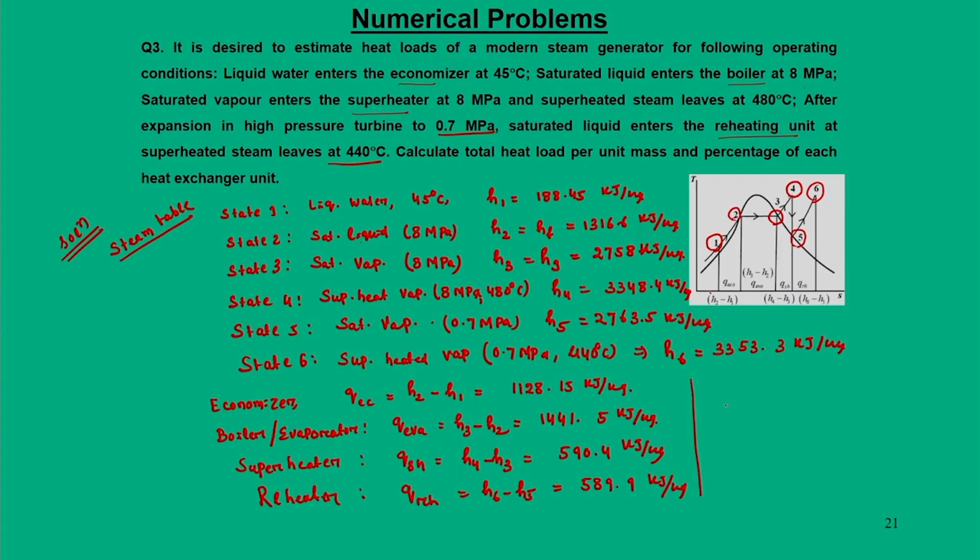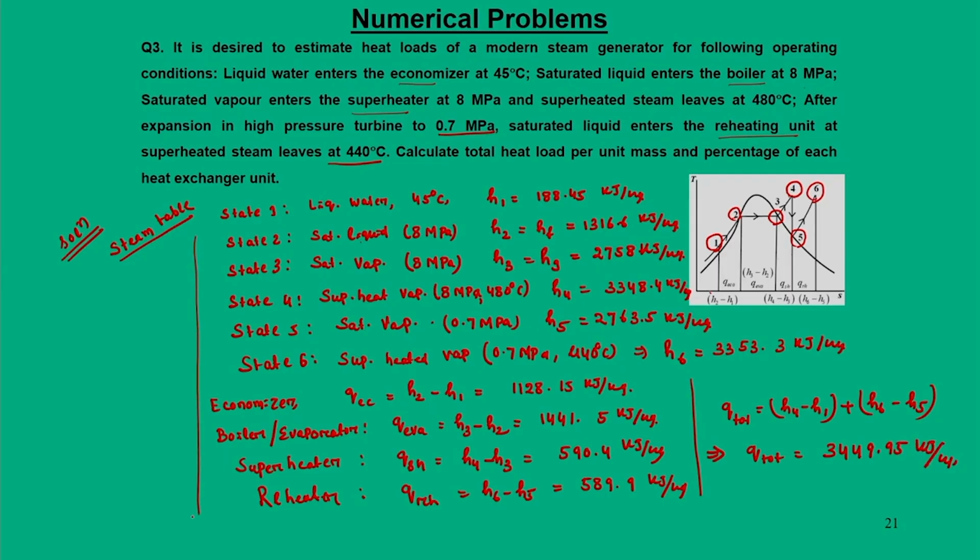So, adding these 4 we can say Q total. Also we can calculate, that is H4 minus H1 plus H6 minus H5. So, this number is 3749.95 kilojoule per kg.